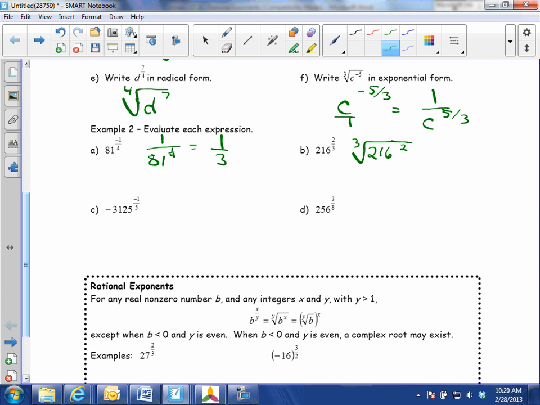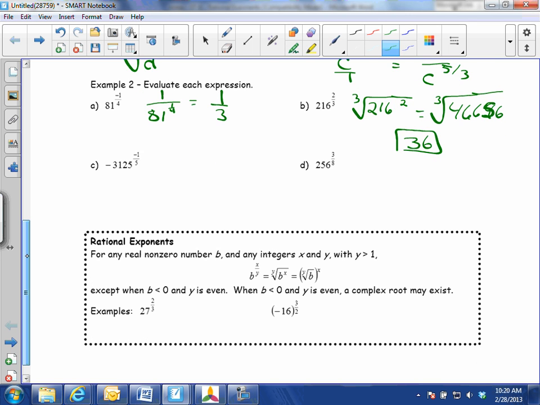I have no idea what 216 squared is. 46656. Crazy. And everybody knows how to type the third roots in your calculators, right? Yes. Do we need to do more examples? No. Okay, let's go down here.